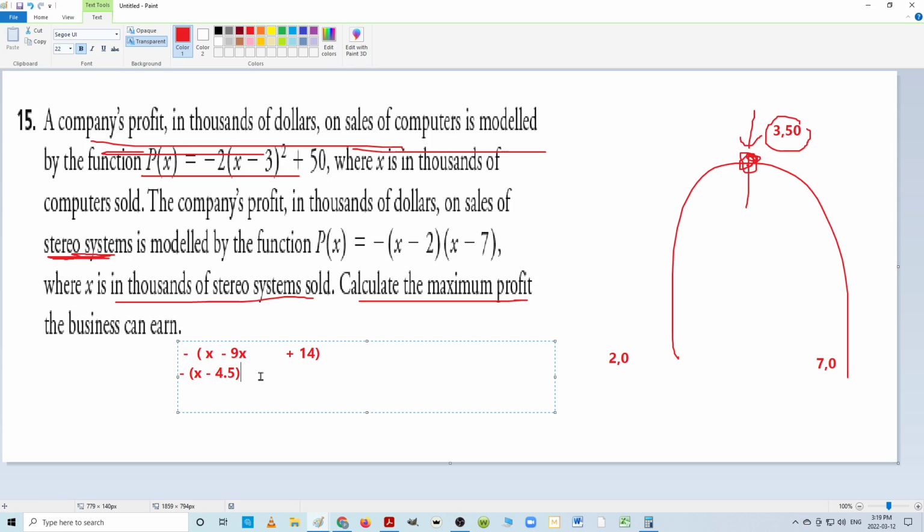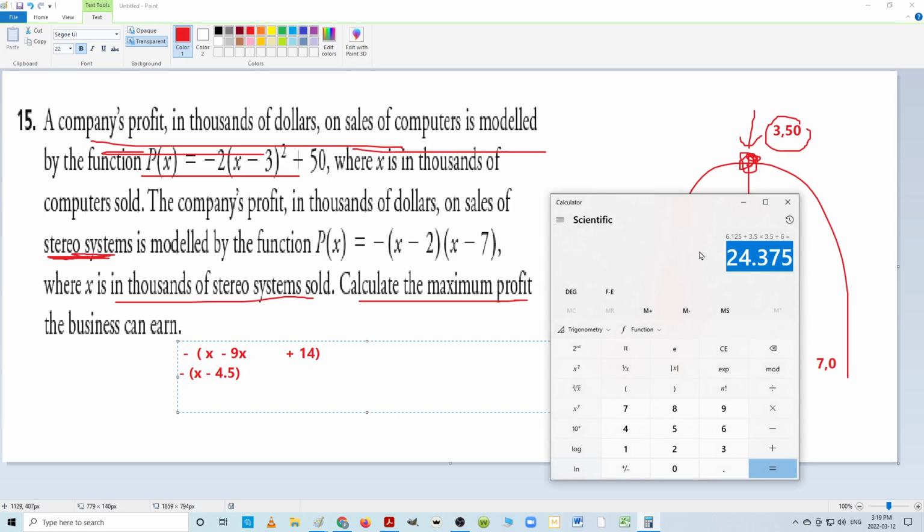Let me make sure I'm doing this right. Hang on. And then it's going to be plus. Yeah, and if I put 4.5 in there, I get 2.5 times 3.5. That's not quite right.